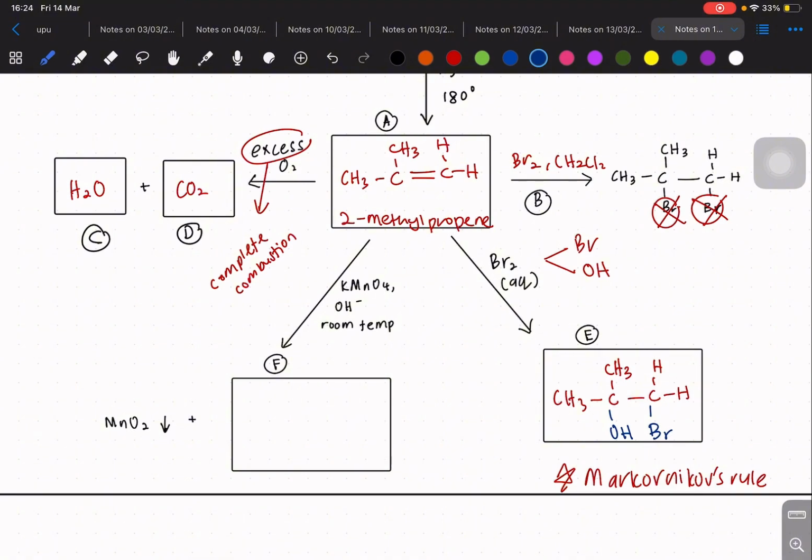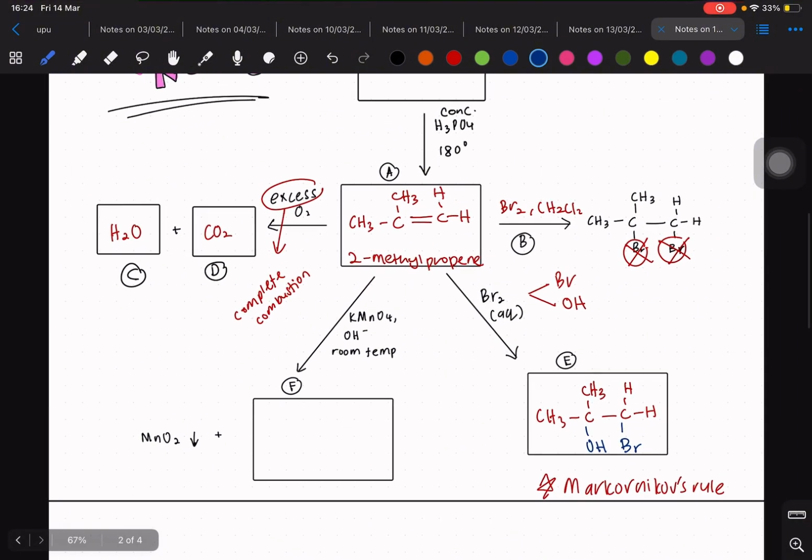Moving on, we have this 2-methylpropene undergoing some reaction and it produces this one. This is our clue: a brown precipitate. So we know that this 2-methylpropene is actually undergoing the Baeyer test.